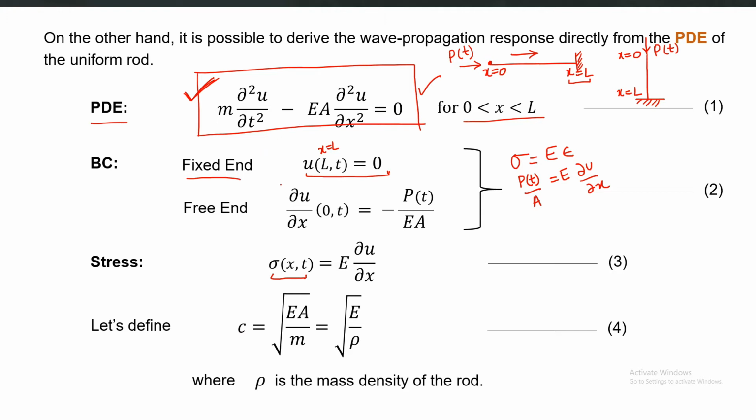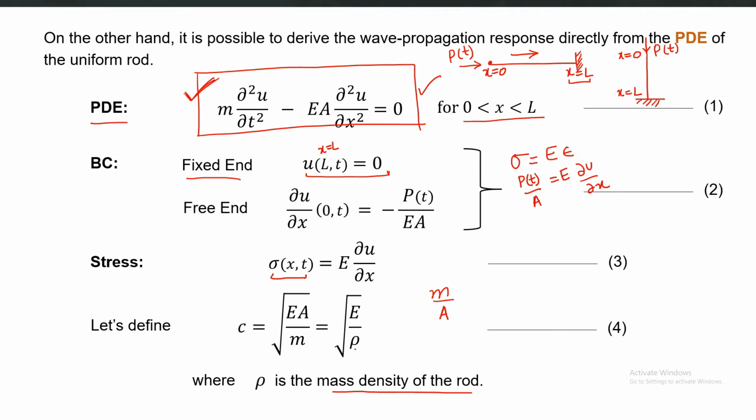This m over A can be written as rho, the mass density of the rod, since the total mass divided by the cross-sectional area becomes the mass density. So the new constant c is the square root of the Young's modulus of the material of the rod divided by the mass density of the rod.